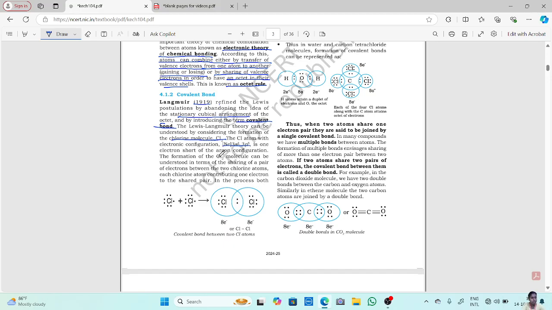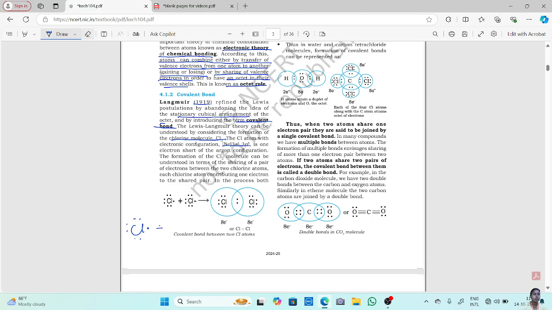Here you can see this is Cl with 7 electrons in its valence shell: 1 2 3 4 5 6 7. Now here I'll show another Cl: 1 2 3 4 5 6 7.